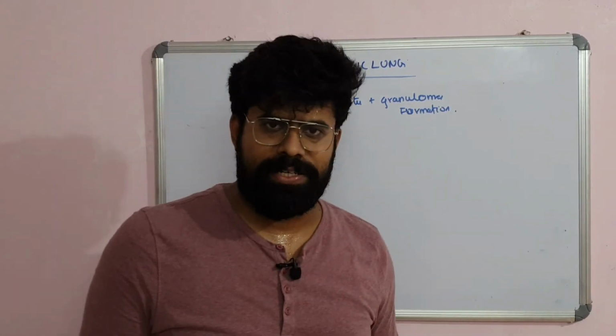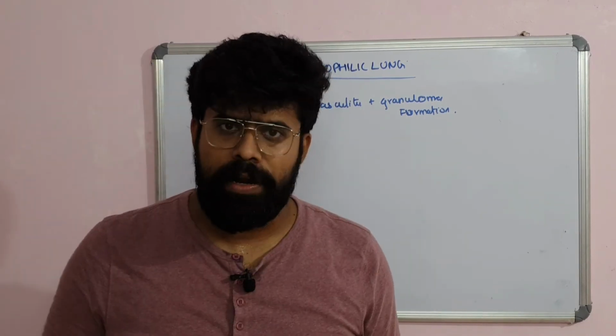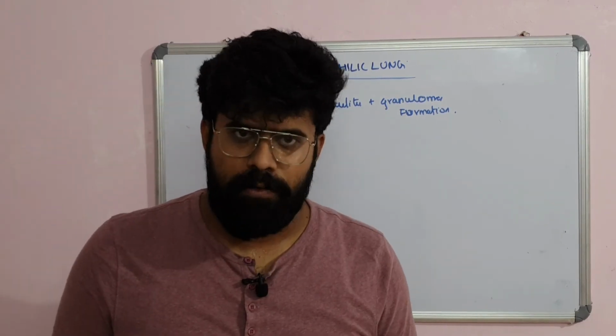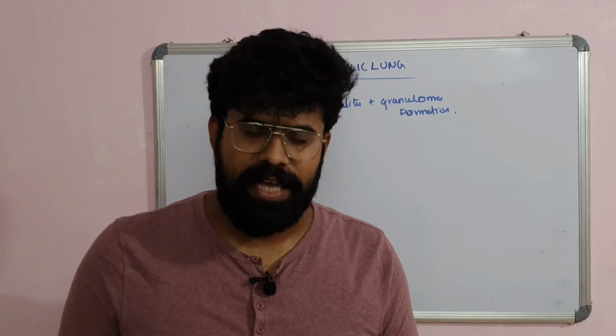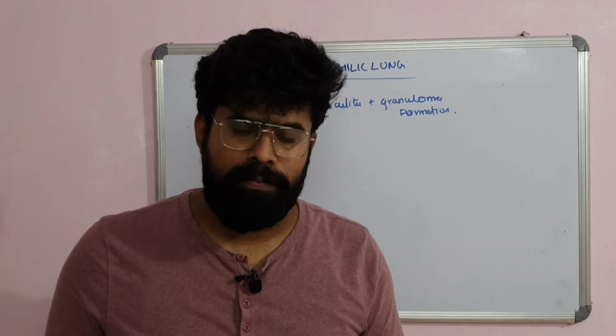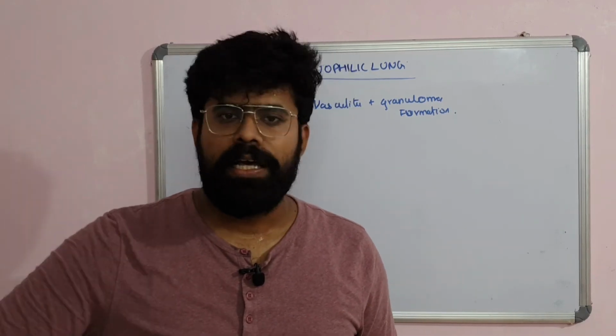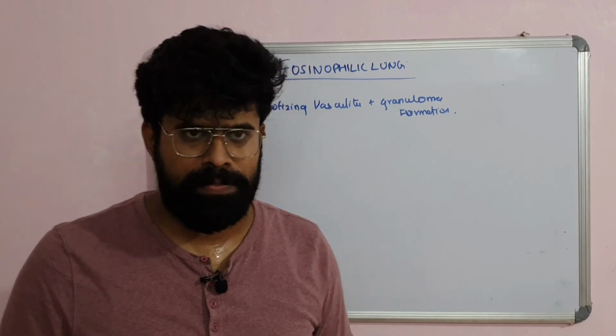Churg-Strauss syndrome can involve the upper respiratory tract, with recurrent allergic rhinitis and allergic sinusitis. The patient can have bronchial asthma, severe peripheral neuropathy, GI involvement, renal involvement, and other problems.